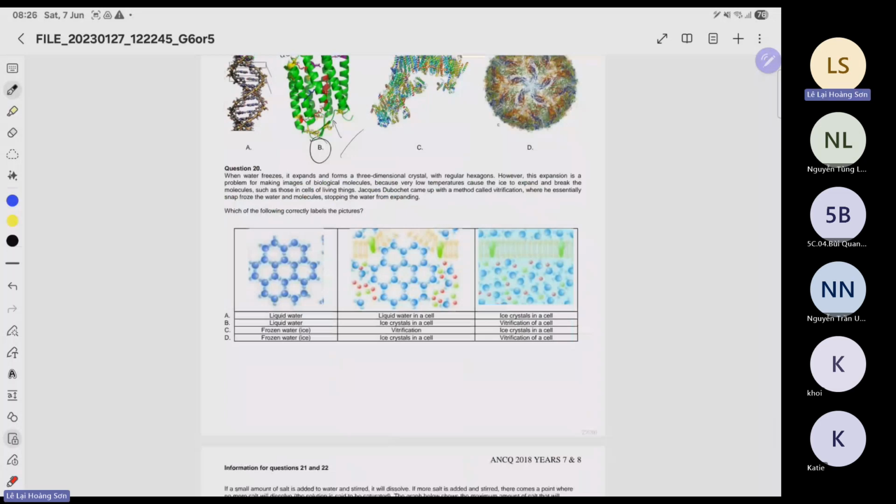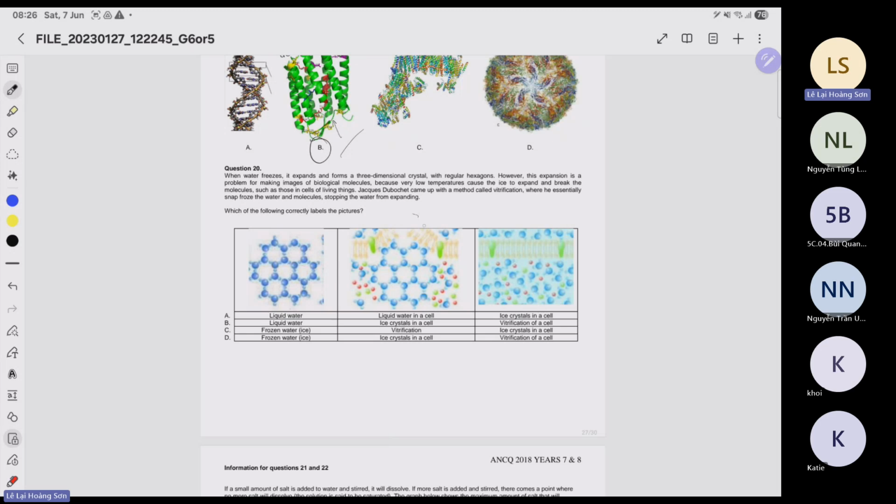So yeah, the first one is just basically the hexagon structure, right? Hexagonal structure of water. So it's frozen water. It's not liquid. Liquid does not have the hexagonal structure, so it's frozen. The second one is that when you have the expansion, it will break.